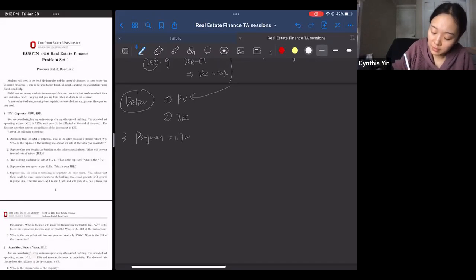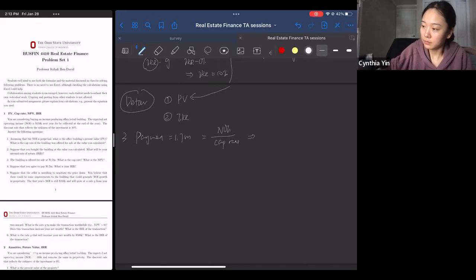Following the formula we covered in class, the payment equals the NOI, next period, divided by the cap rate, which gives you a cap rate equal to 8.82%. You can see this cap rate is lower than the cap rate we got earlier, because the return you get is lower because you pay more than 1.5 million.